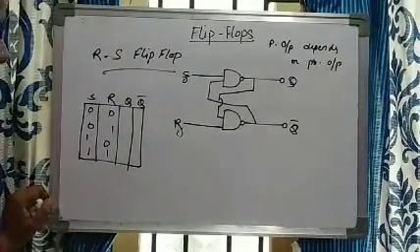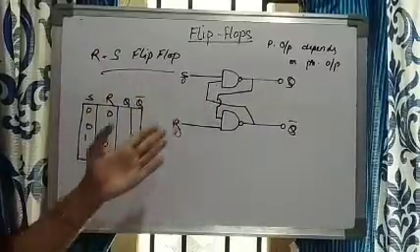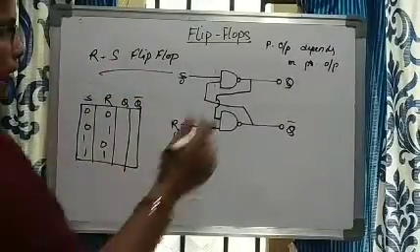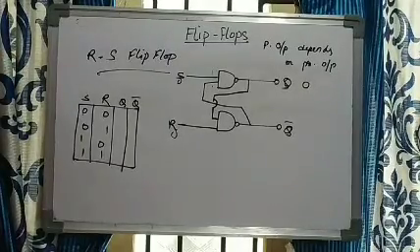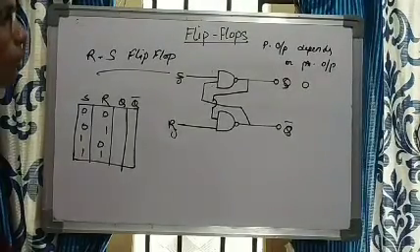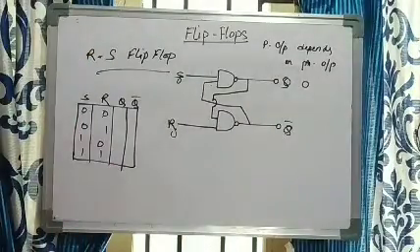So let us suppose that earlier, as we did not connect any circuit, the output is 0. If we don't give any connection, do we get any output? No. So let us consider the previous output is 0.